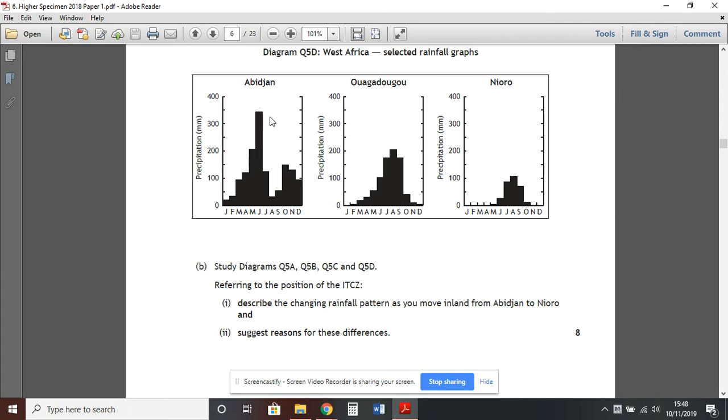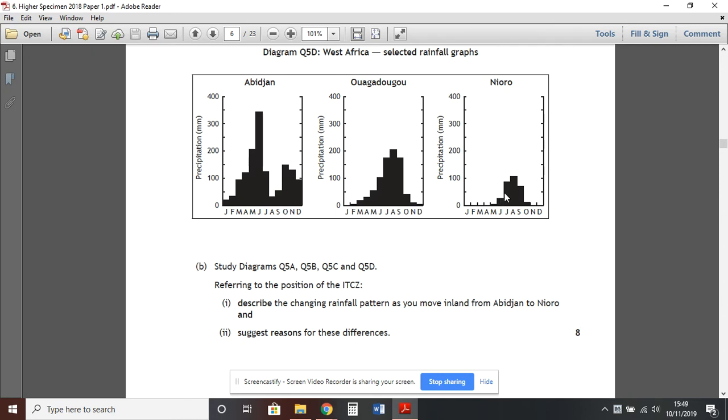Then as the clouds move northwards towards Ouagadougou, there's more rainfall later on, a couple of months later, and Nioro. And there's a little bit less in Abidjan because the zone of maximum heating has migrated north of this point. But as it comes back again, it brings more rainfall, second time of the year, which is what we can see here. Whereas Ouagadougou and Nioro then lie too far north of that.